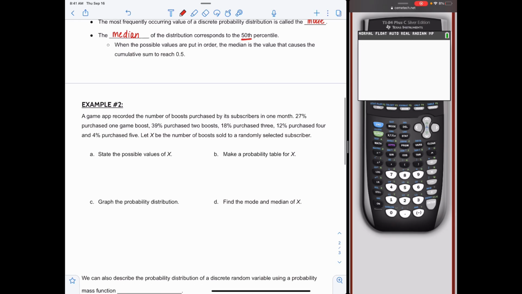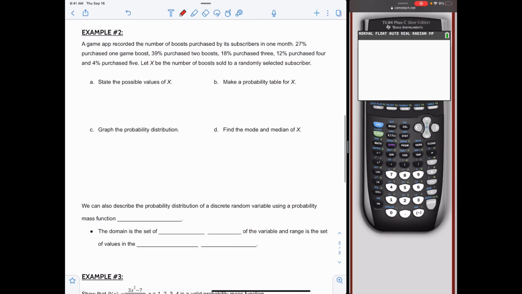So let's look at example number 2. Example number 2 states that a game app recorded the number of boosts purchased by its subscribers in 1 month. 27% purchased 1 game boost, 39% purchased 2 game boosts, 18% purchased 3, 12% purchased 4, and 4% purchased 5. Let X be the number of boosts sold to a randomly selected subscriber.